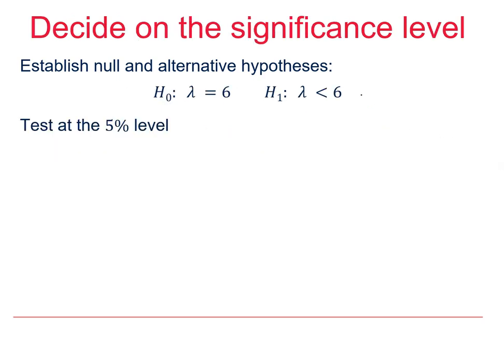So we've decided on our null and alternative hypotheses for this particular example. We know that we are going to be testing at the 5% level, so we are looking to see whether the probability of getting 2 or fewer sales is equal to or less than 5%.